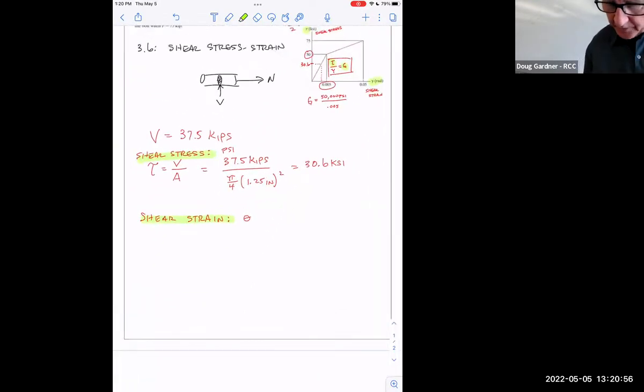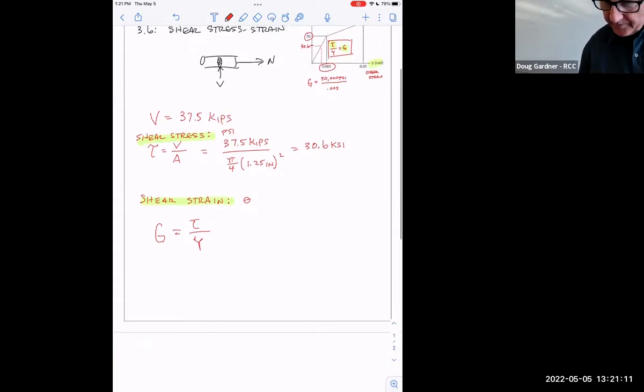Oh, okay, cool. So since G is equal to tau divided by shear strain. And I think in the interest of, rather than divide 50,000 by, well, maybe I'll write it up here. I think that was a 1 with 7 zeros, as I said before.